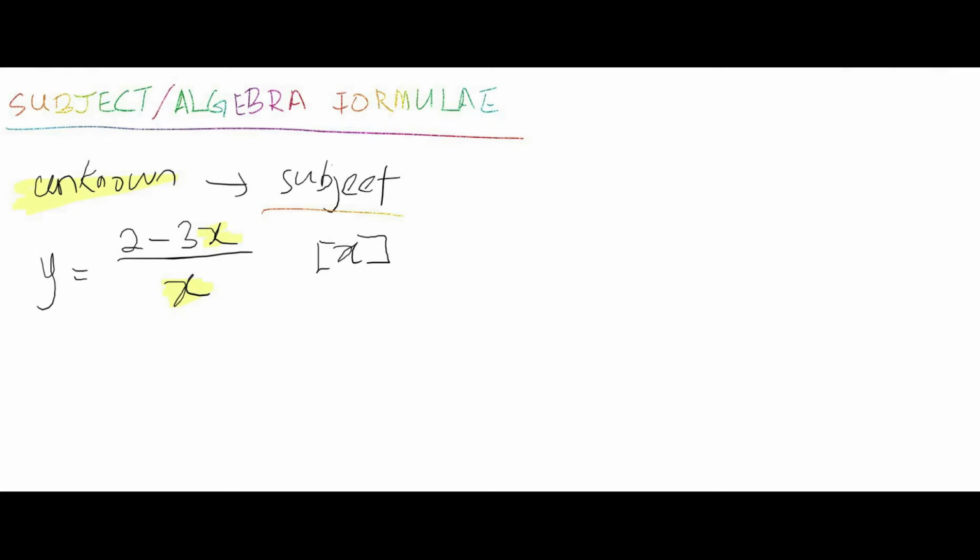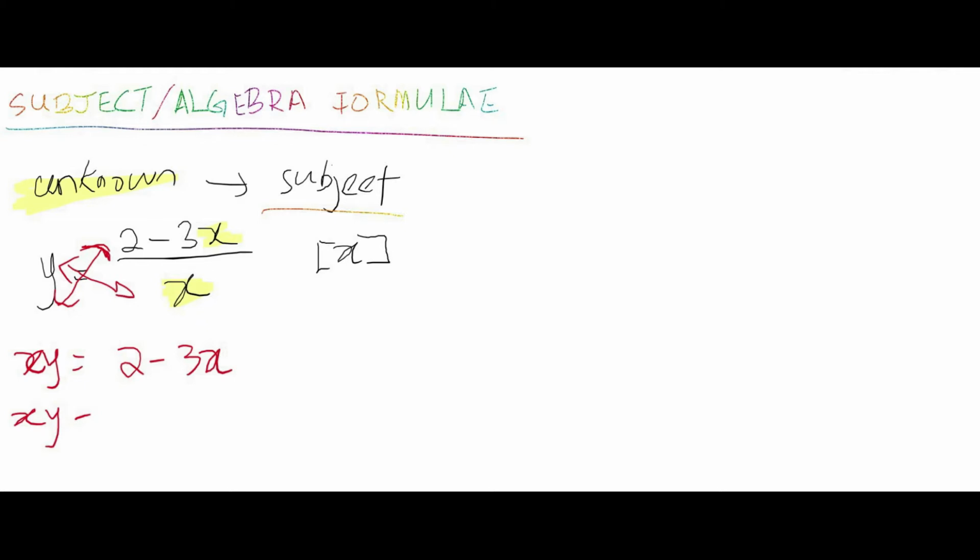Because this is a fraction, to simplify it we do a cross multiplication, which gives you xy equals to 2 minus 3x.